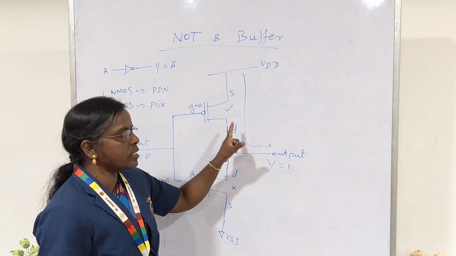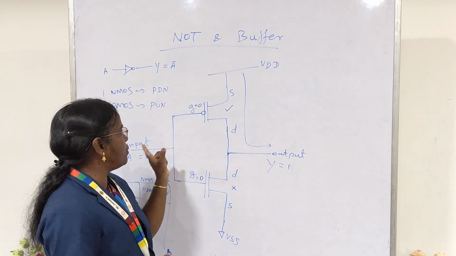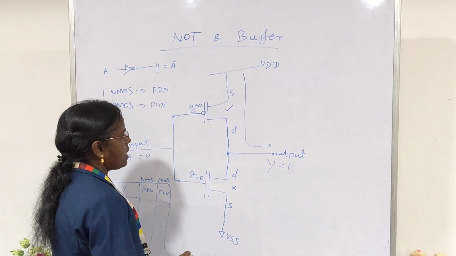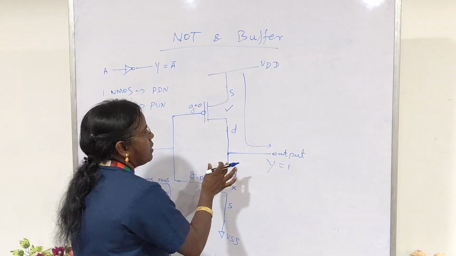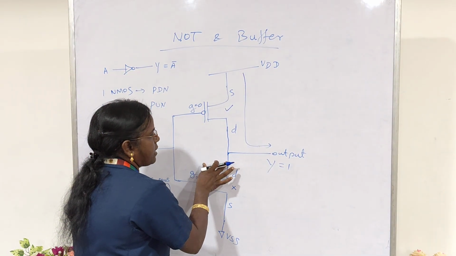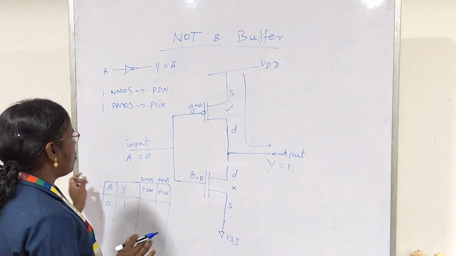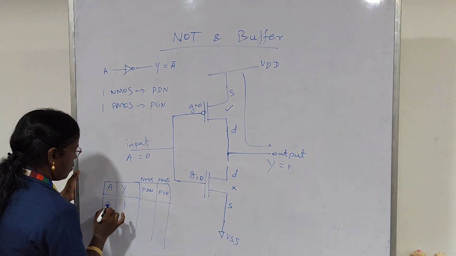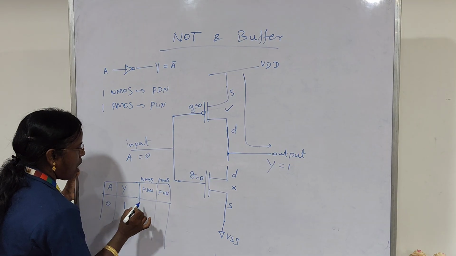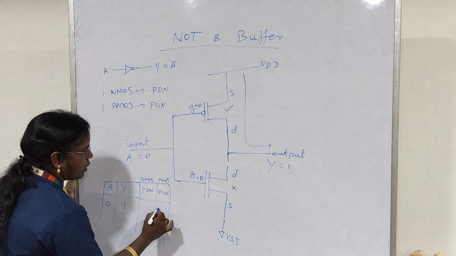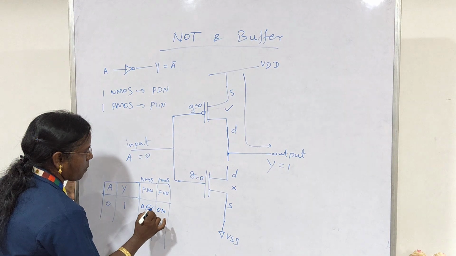This is how the logic is transferred via this PMOS transistor when the input variable is 0. At the same time, NMOS will be switched off, which disconnects the output from the ground potential. Because my pull up network is switched on and pull down network is switched off.